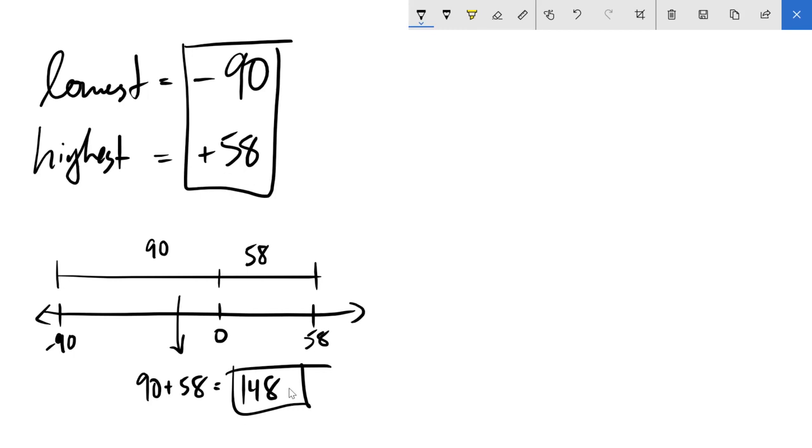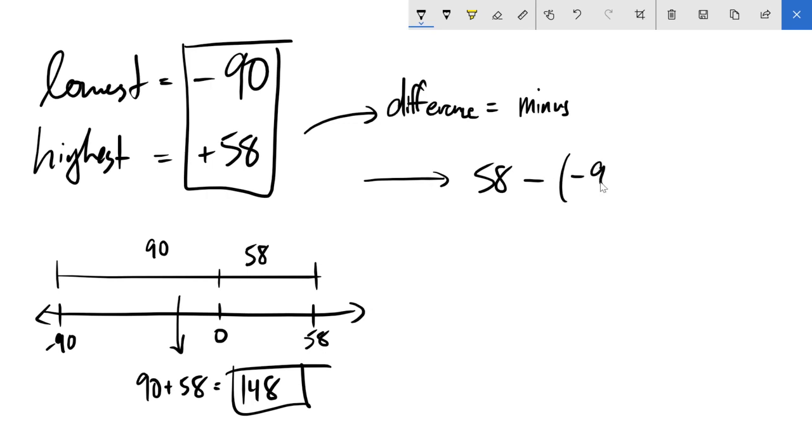Now the question is, what does difference usually mean? Difference usually means subtraction, right? And this is probably where you got your other answer. You said you did some subtraction, because typically difference means minus. And so you say, okay, what is 58 minus negative 90? Well, it turns out that the answer is 148.